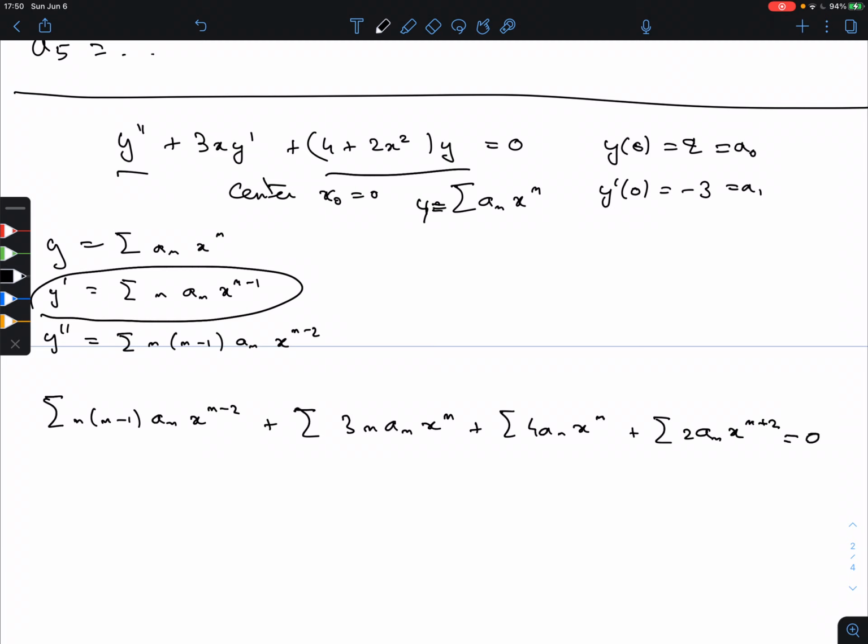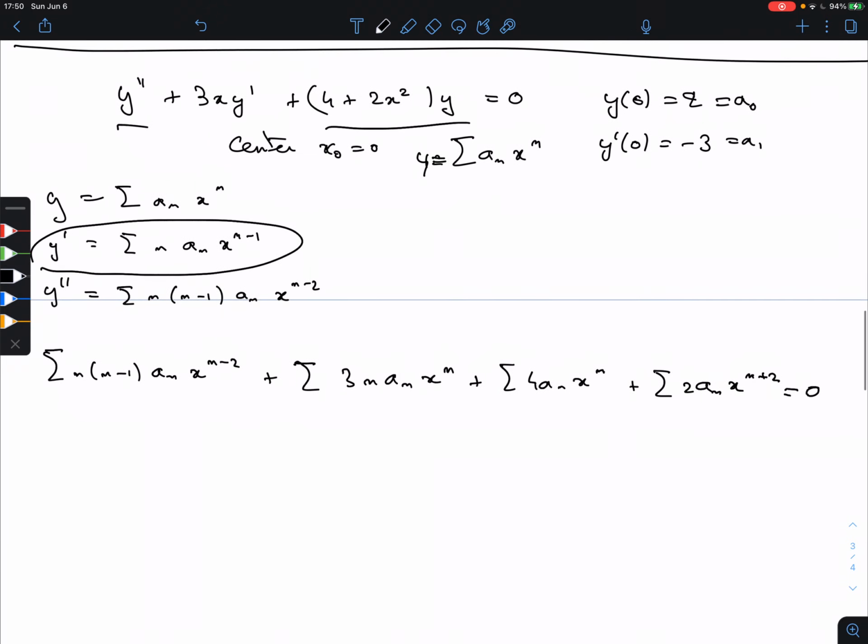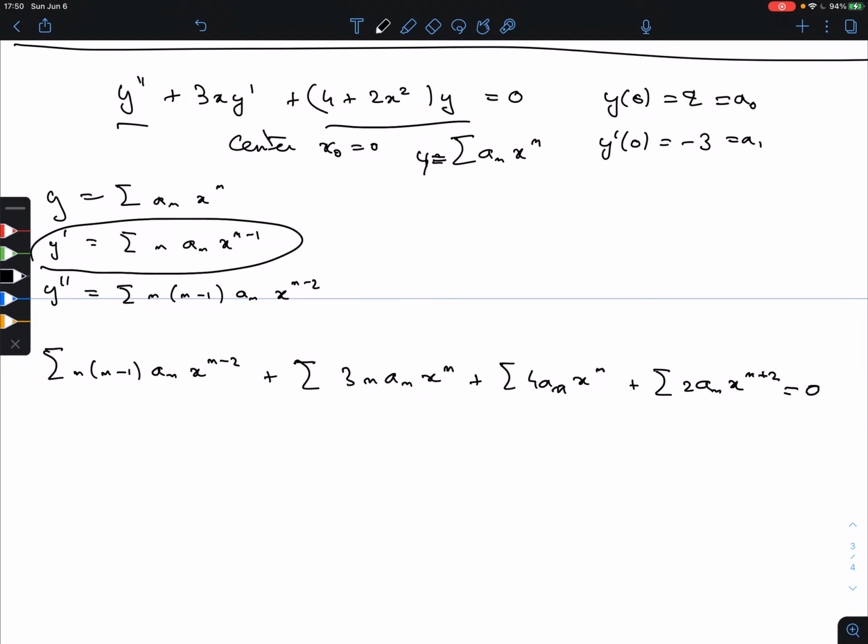We're going to have to do the shifts again to put everything in power x to the n. The middle ones are correct, but we still have to work on the outer ones. So here we do the shift n plus 2. Why n plus 2? Because I want to get this to be n. So n plus 2 minus 2 gives me n, right?